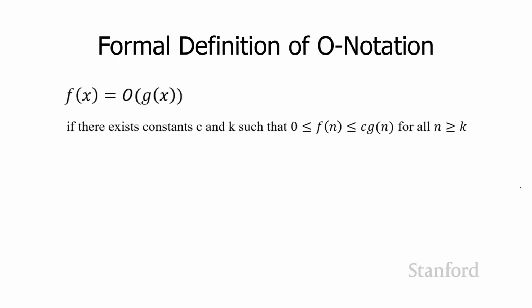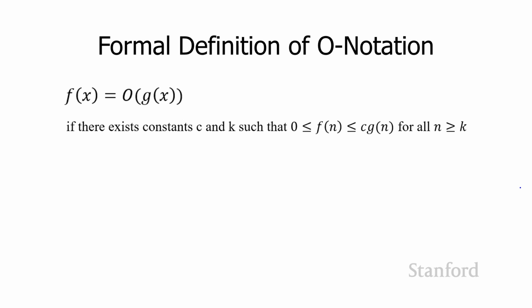Let's take a look at the formal definition of O of n. f of x is O of g of x if there exist constants c and k such that 0 is less than or equal to f of n is less than or equal to c times g of n, where n is greater than k. The f of x here is the actual performance of our algorithm. For example, how much time it actually takes to carry out a binary search.